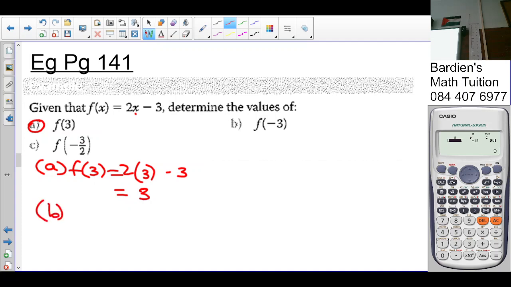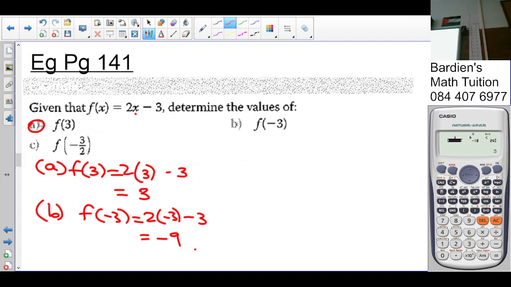Try B quickly. So that would simply be 2 times negative 3 minus 3, which is negative 9.